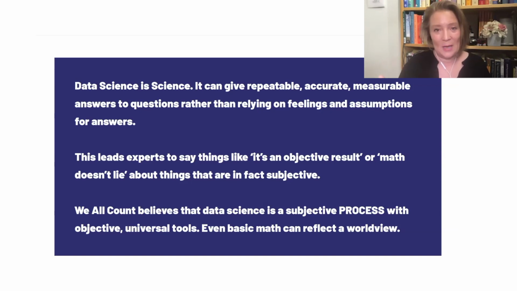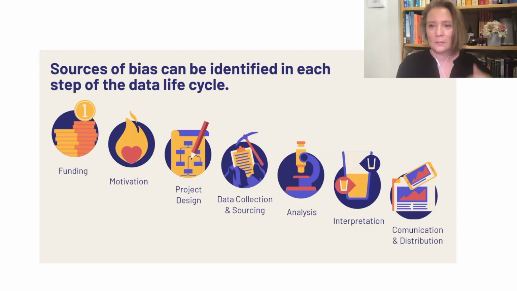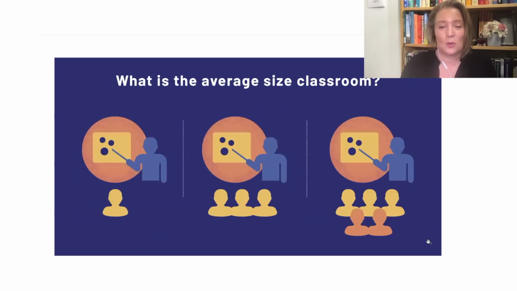We do embed worldviews all along the way. So there's a big difference in saying there's no such thing as a fact versus worldviews are embedded into data. And we as journalists need to understand how worldviews are embedded into data and make that transparent in our data journalism stories. Again, go back to the average classroom size video if you are wondering whether math really is objective or not.